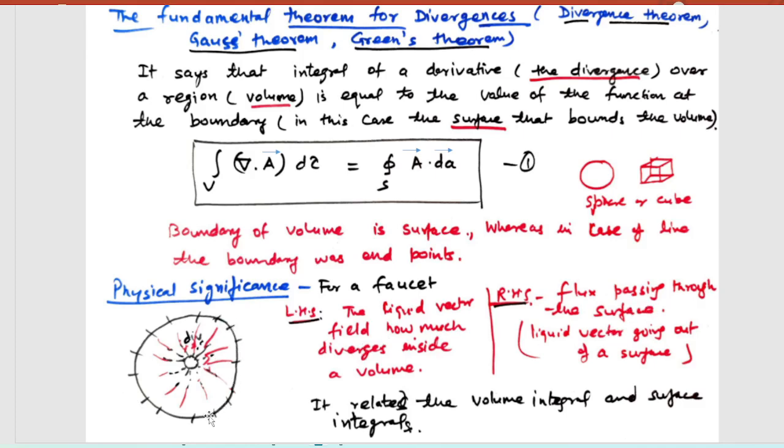The surface is the outer boundary of this volume, so the total vector lines coming out of this volume equal the total lines going out of the surface. So this is the fundamental theorem of divergence, and it relates the volume integral to the surface integral. For a volume, the boundary is a closed surface.